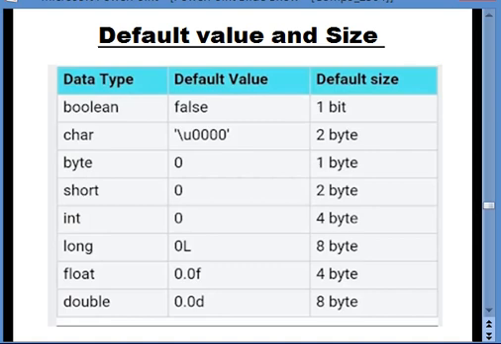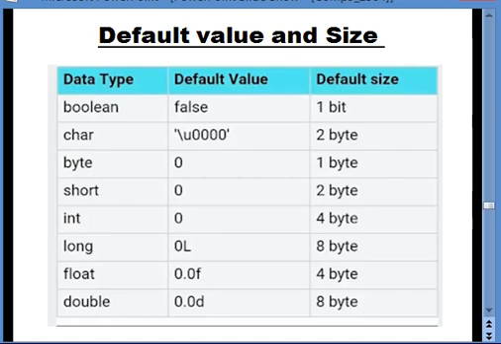This screen is going to let you know about the default value and the size which is associated with the primitive data types. We have all the 8 data types mentioned in the table, if you see. And in front of each data type there is a default value and the size. What is this default value now? Remember, the variable which is of this type is going to be assigned some value.